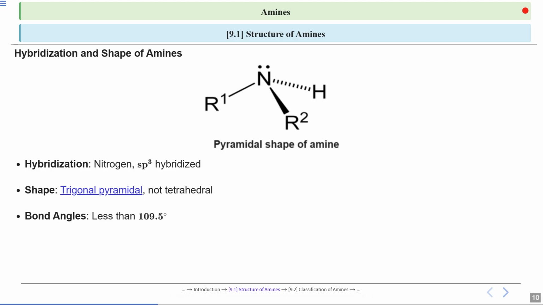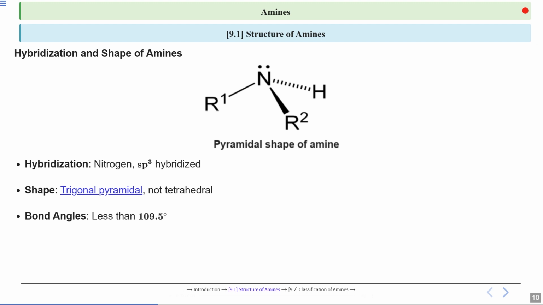Now if we talk about bond angle, then in a perfect tetrahedral the bond angle is 109.5 degrees. However, in amines, the bond angle is slightly less than 109.5 degrees. Can you guess the reason why? This is because of the lone pair which is present on the nitrogen.